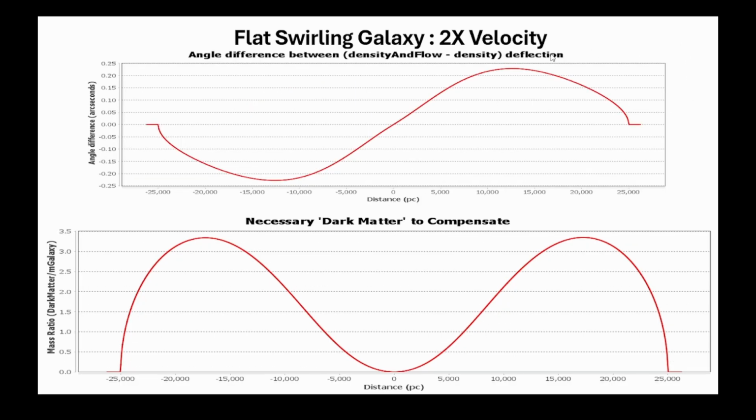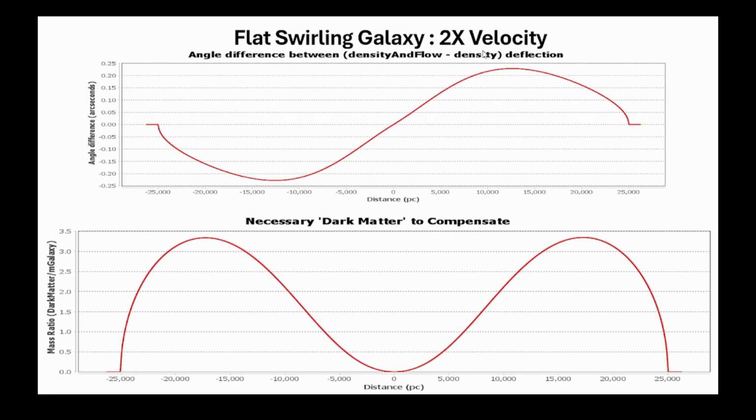Now, just for giggles, I want to look at what if we were to increase the velocity of the rotating galaxy by a factor of 2. We get a bigger deflection angle, and now we've created a much larger apparent dark matter need. We're at 3 times the mass of the galaxy that we're simulating here, and so it's quite a large effect.